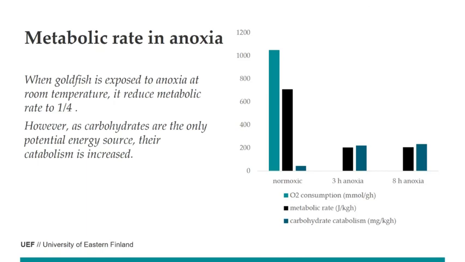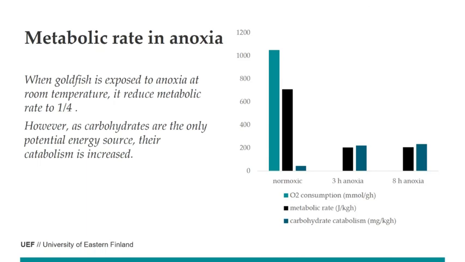And one of the things affected is that, although the metabolic rate is decreased, this is in goldfish, meaning actually the same animal as crucian carp, and it's at room temperature, so to get it a little bit faster, the metabolic rate is reduced to 1/4 during the anoxia. But at the same time, the carbohydrate catabolism can even be increased.